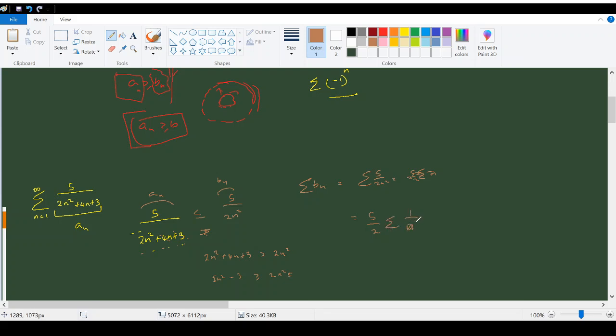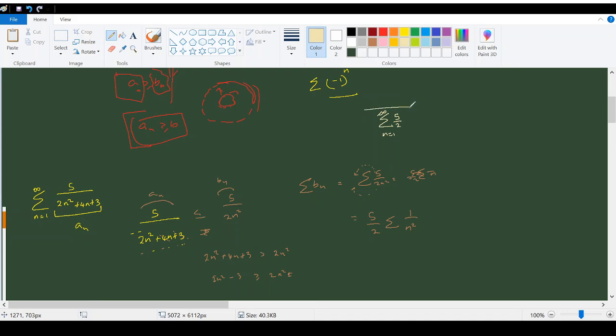Okay, so here, in this case I took 5 over 2 out from the sigma notation, right? But remember, when you have only a constant term, this has nothing to do with the comparison test, but anyway I should mention this as well.